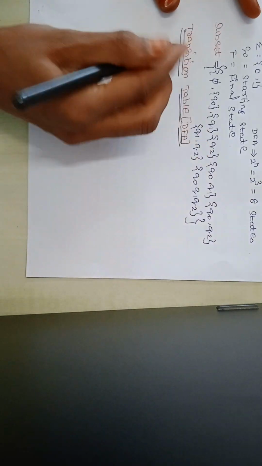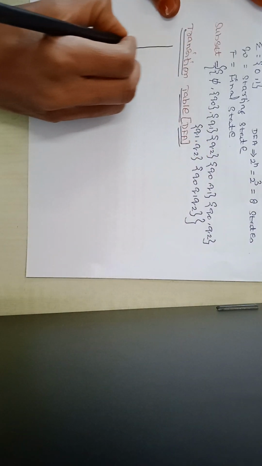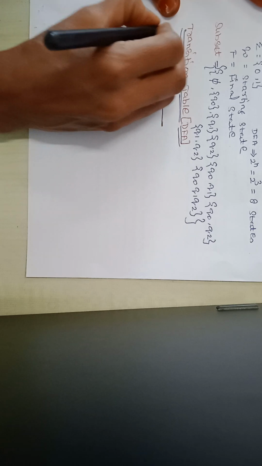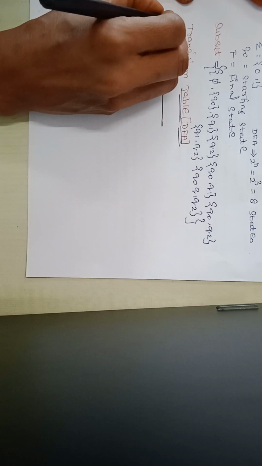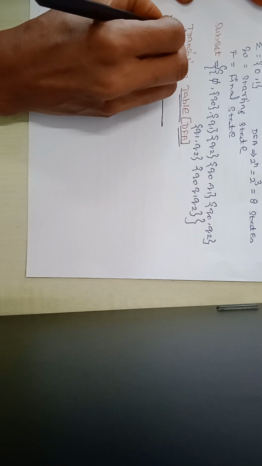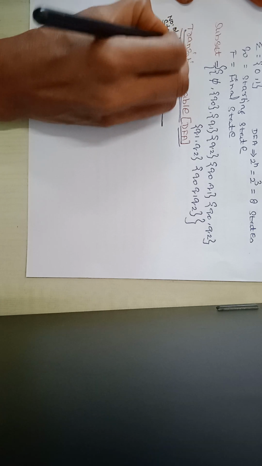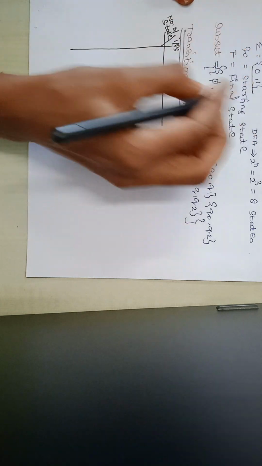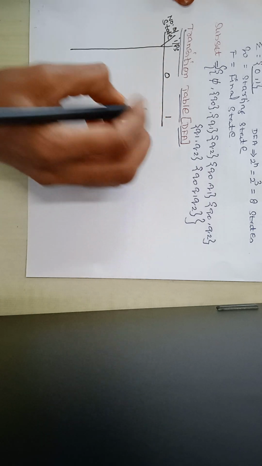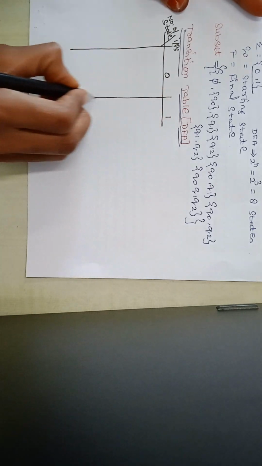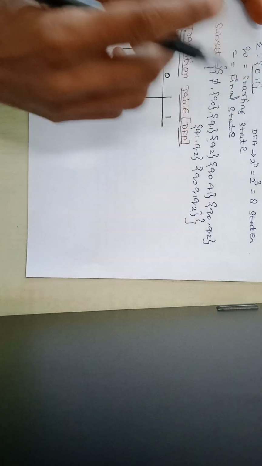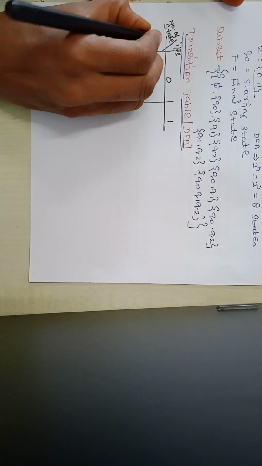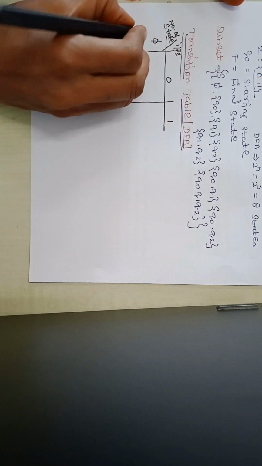We know how to draw a transition table, with the states and the inputs. The inputs alpha are 0, 1. So we make the first state pi.